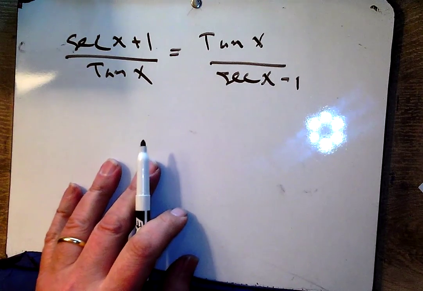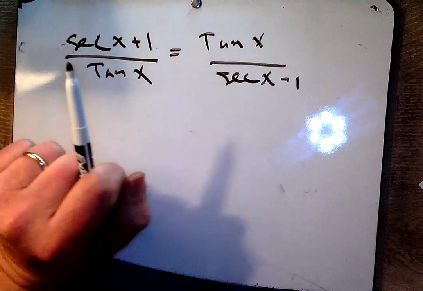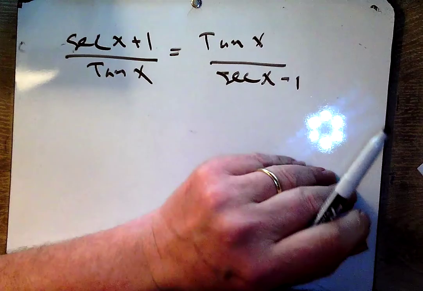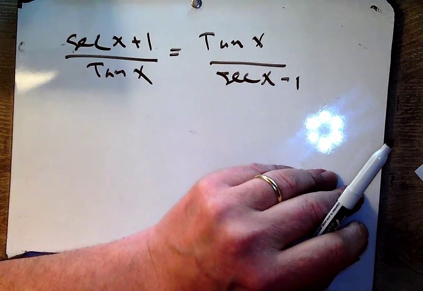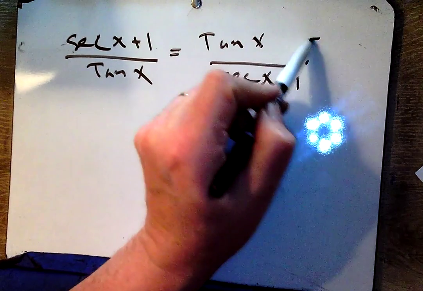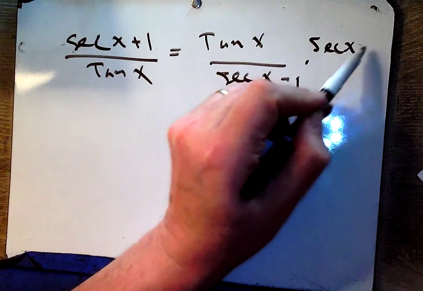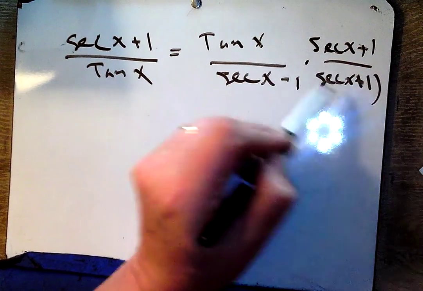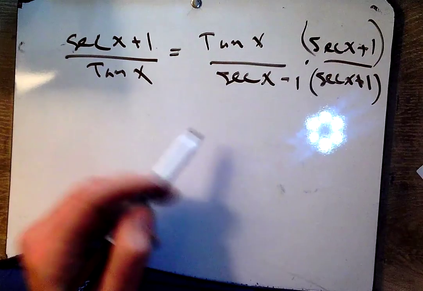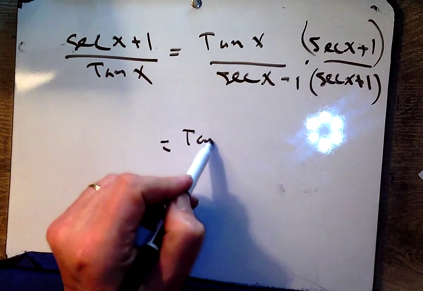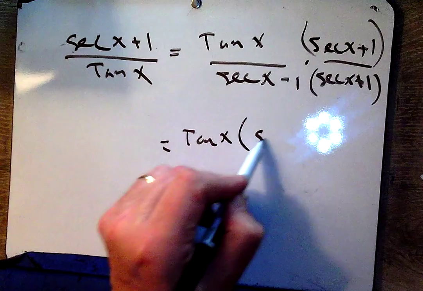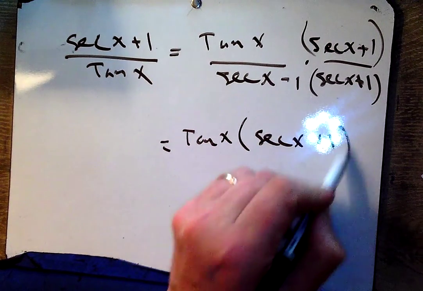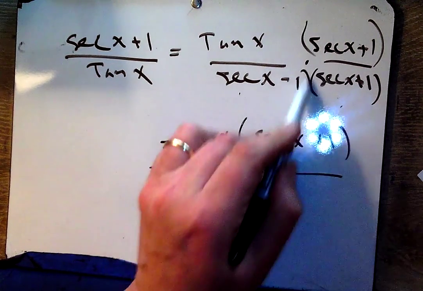I think what I want to do, just because we haven't practiced this enough recently, is use the conjugate here. Secant x minus 1, no, plus 1. I'm resisting the temptation to distribute. And on the bottom, I'm FOILing.